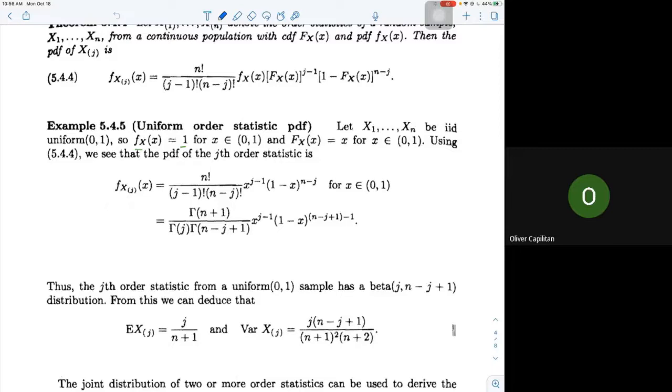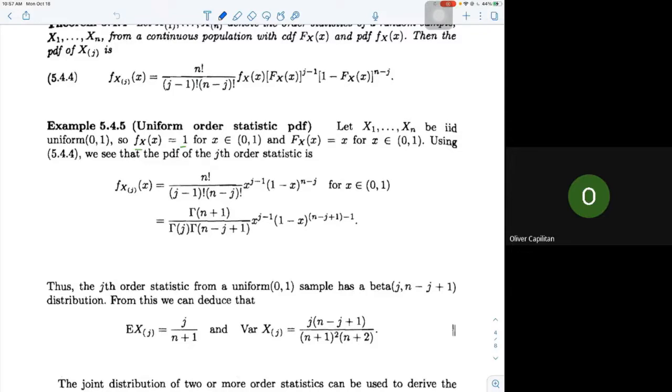So the density, the PDF, will be equal to 1 for x in the interval 0 to 1. And then the CDF of that random variable would be equal to x for x in the open interval 0 to 1.